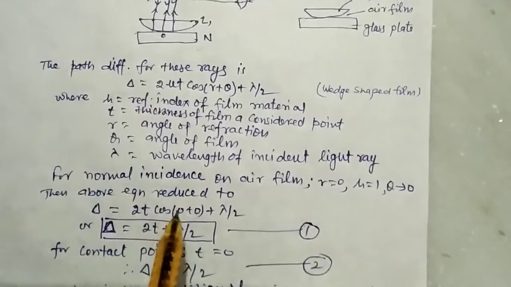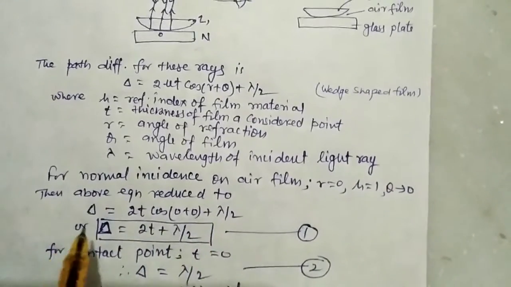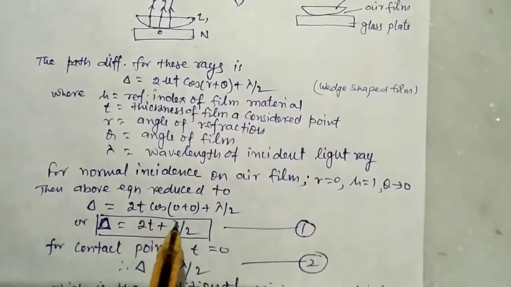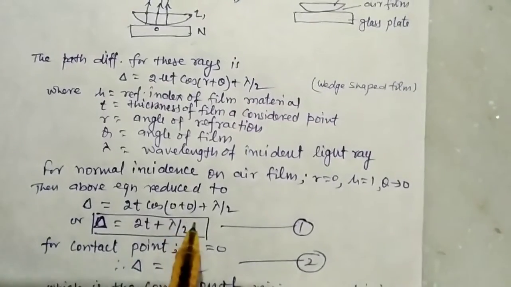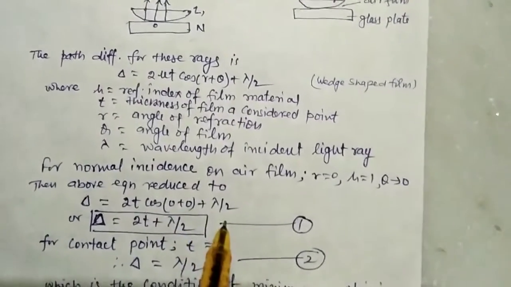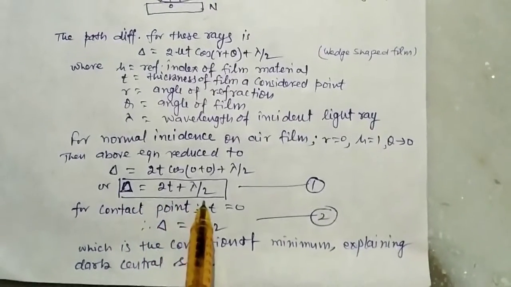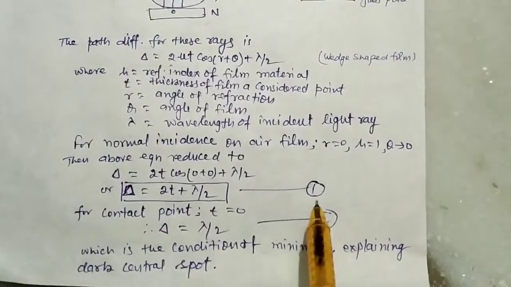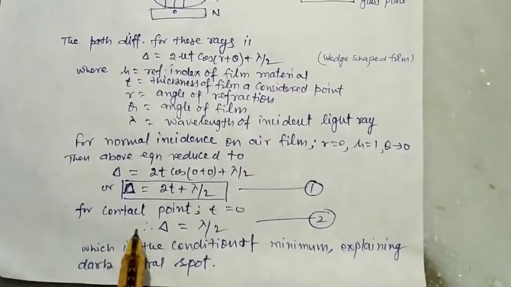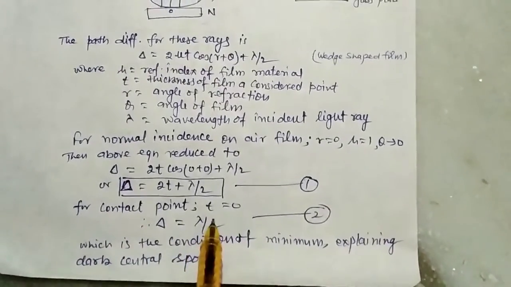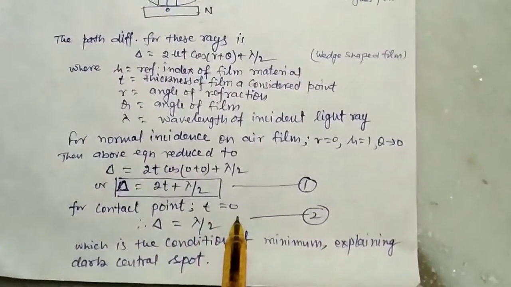Then the above equation reduces to delta is equal to 2t cos theta cos 0 plus lambda by 2, that is, path difference is equal to 2t plus lambda by 2. This is equation number 1. For the contact point, t, that is the thickness of the film, is 0.